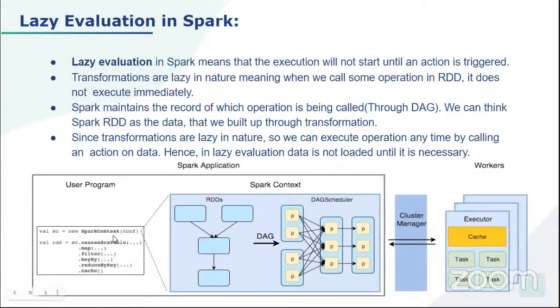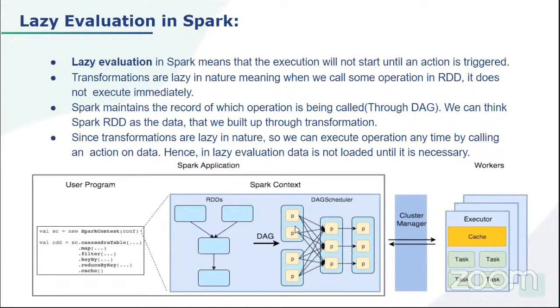As I said, lazy evaluation: whenever your Spark context is called and you run various map, filter, keyBy transformations, new RDDs are created, and it becomes a DAG, that is a directed acyclic graph. There is a DAG scheduler in your driver program. That schedules all the jobs and performs all the tasks in a distributed, parallelized manner.